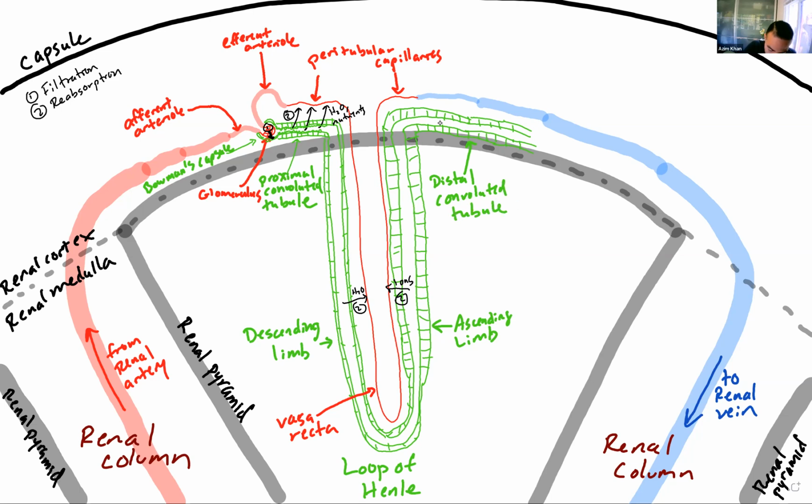We are getting some absorption, but we're also getting secretion. So we're adding things to the filtrate. That's why we don't call it urine yet, because we're not done doing things to this filtrate.